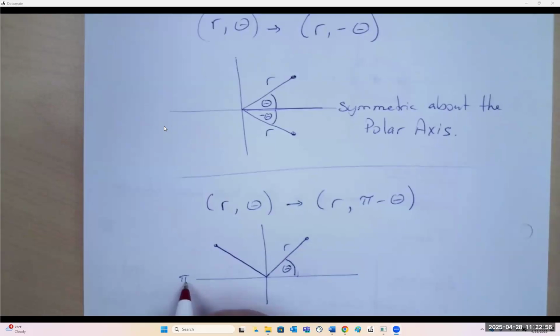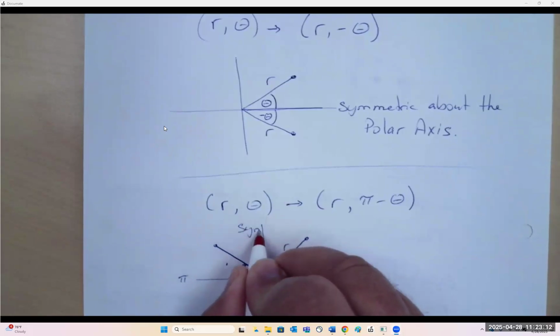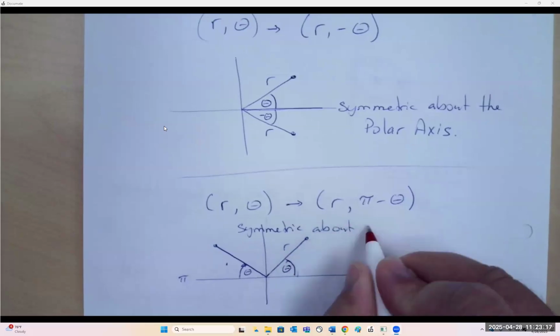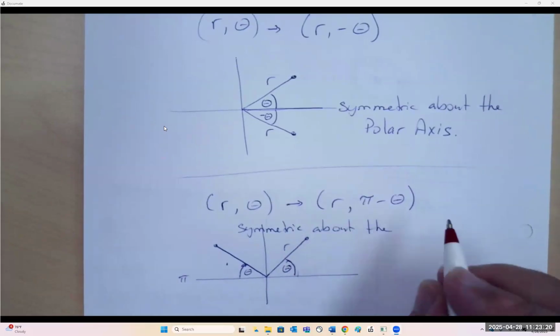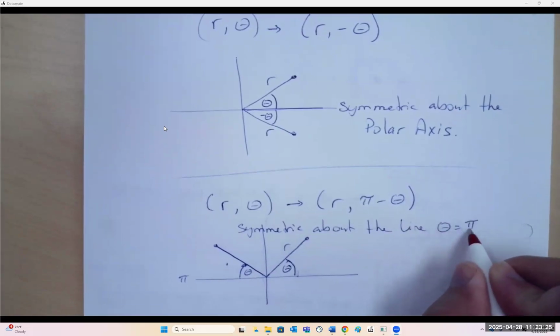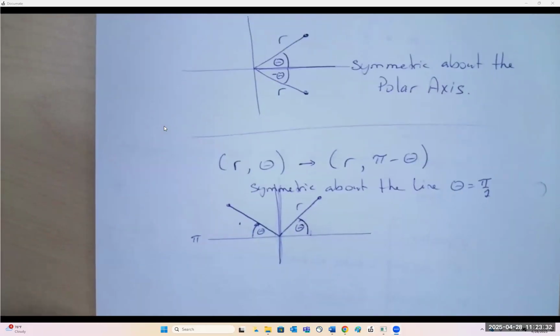What this one says is I'm at pi and I subtract theta. So it's symmetric about the line theta equals pi over 2, which is straight up and down. In rectangular coordinates, that's our y-axis.